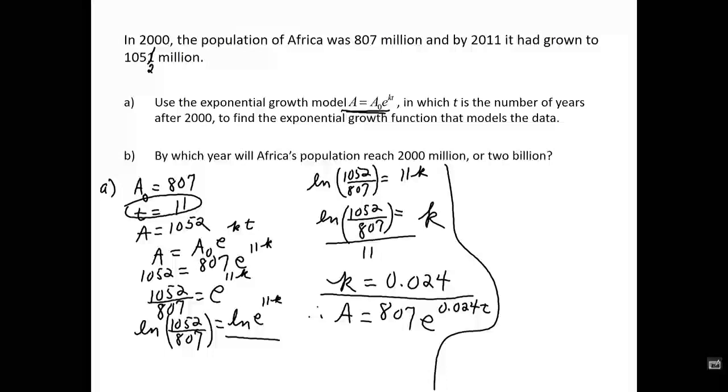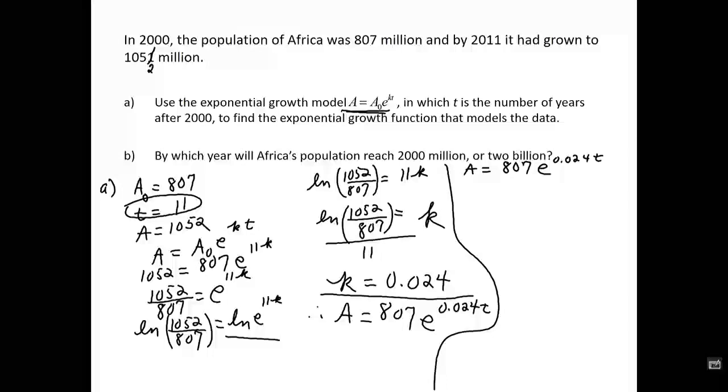All right, so we have our growth function. The growth function, again, is A is equal to 807 times e to the 0.024 t. All right, now in this part B, we have to find t.